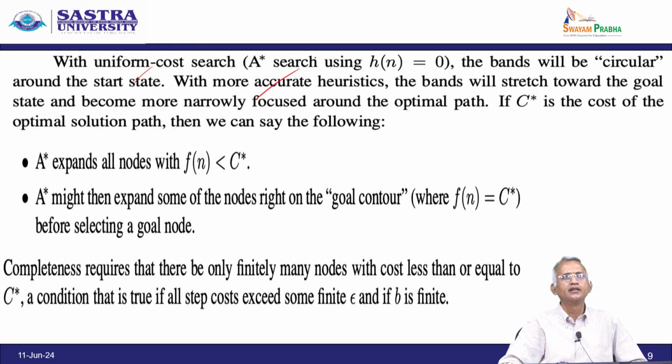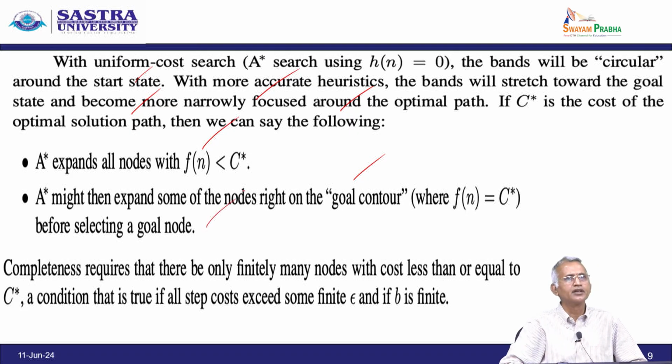If C star is the cost of the optimal solution path, then we can say the following: A star expands all nodes with f(n) less than C star. A star might then expand some of the nodes right on the goal contour, where f(n) equals C star, before selecting a goal node.